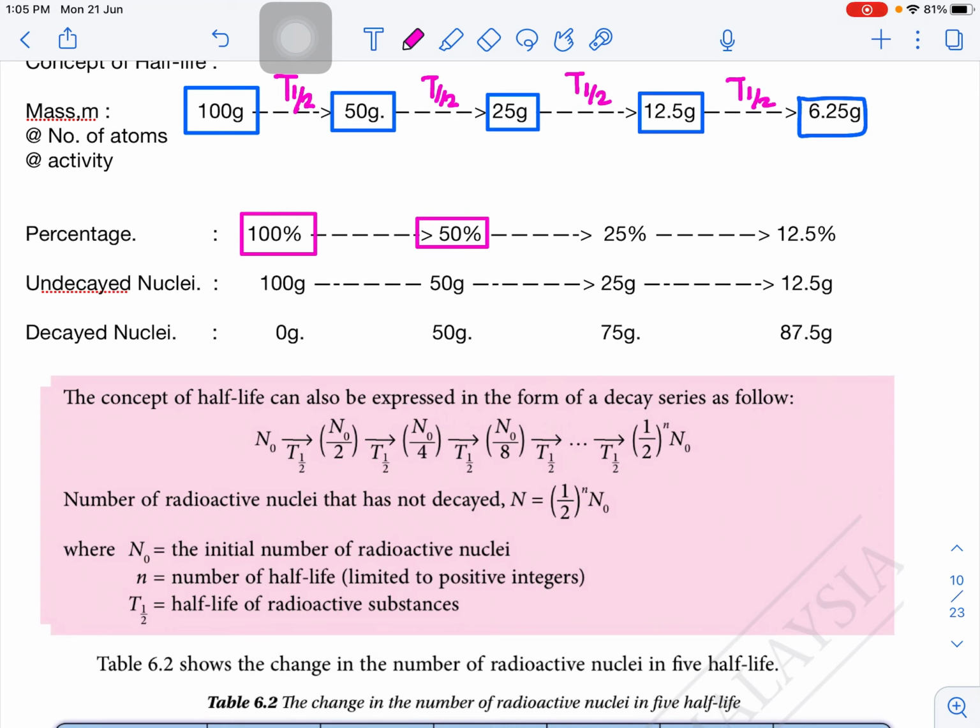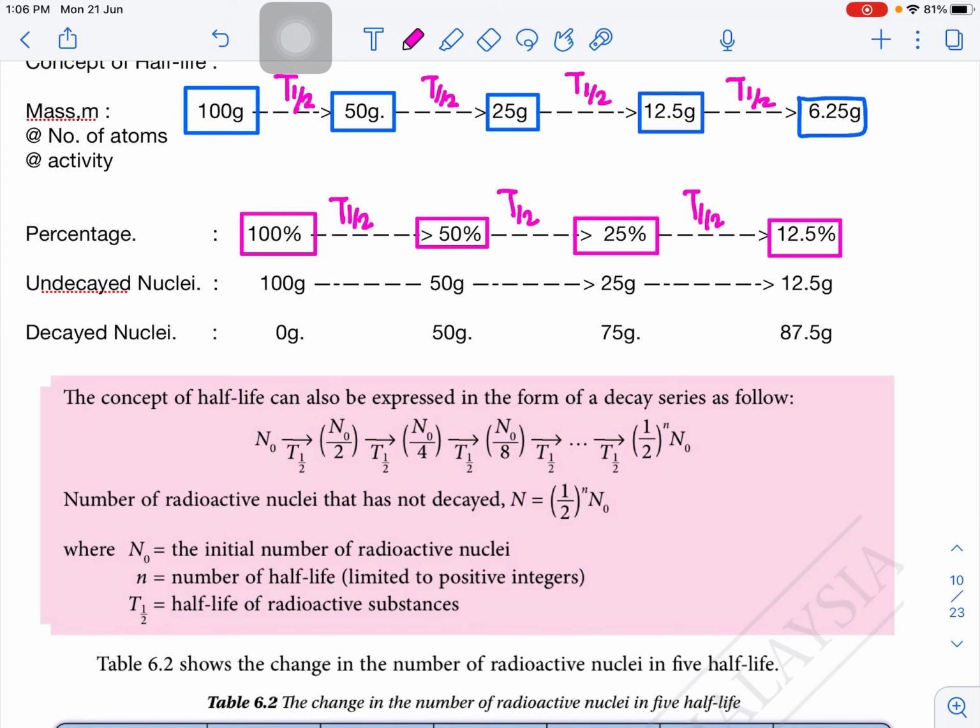So the time taken from 100% to 50% is the half-life. From 50% to 25% is half-life. From 25% to 12.5%, the time taken is half-life. So the concept is still the same, only we change the method from mass to percentage.